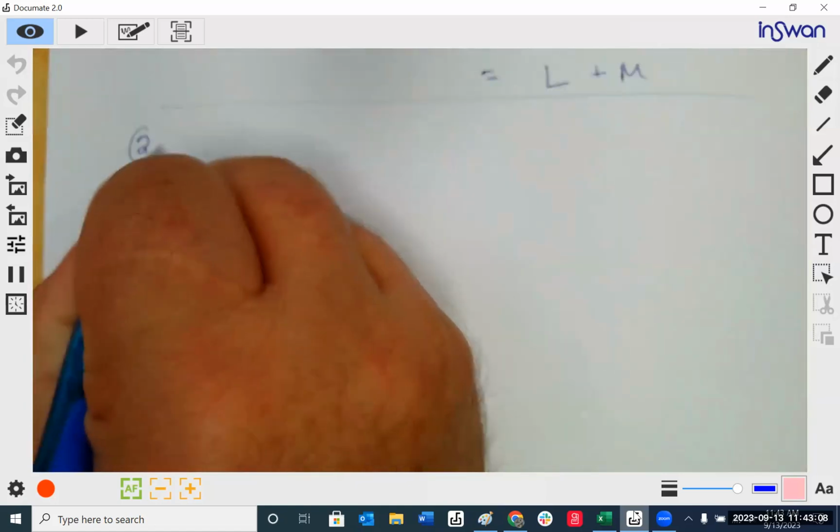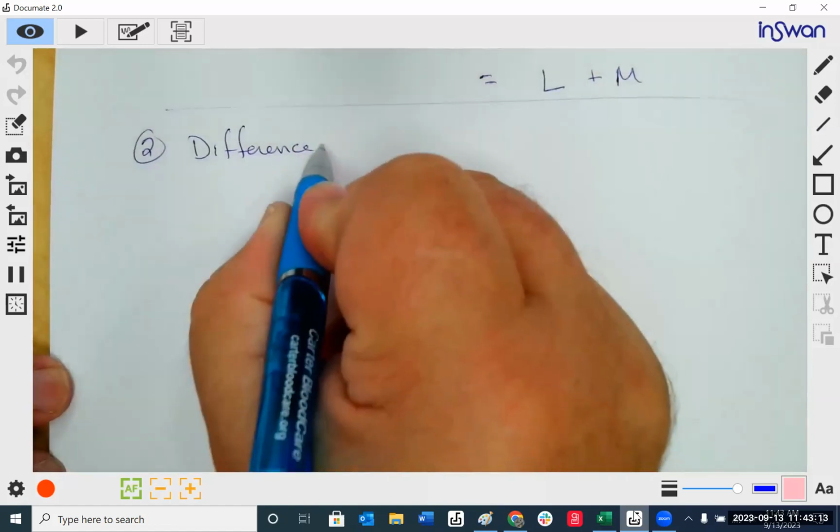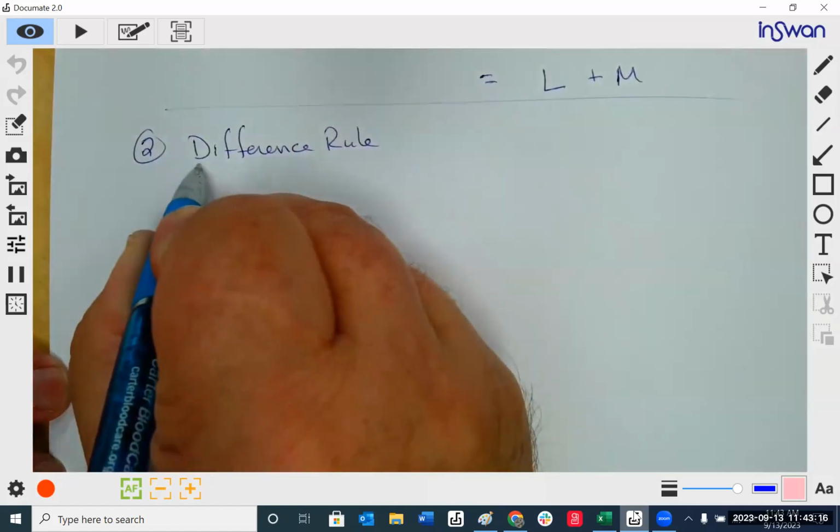Then the second rule. Let's go the opposite direction. The difference rule.